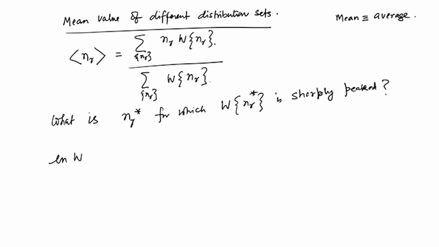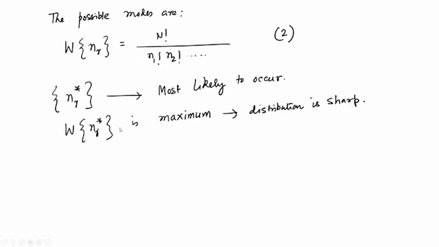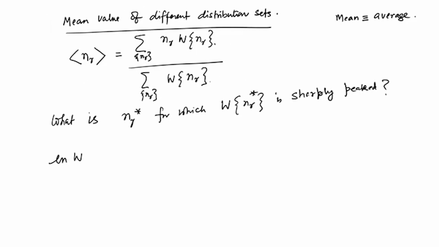In fact, taking a log is better, and looking at expression 2, it is log of n factorial minus log of n1 factorial minus log of n2 factorial and so on, and then we will use Stirling's formula to calculate these quantities.